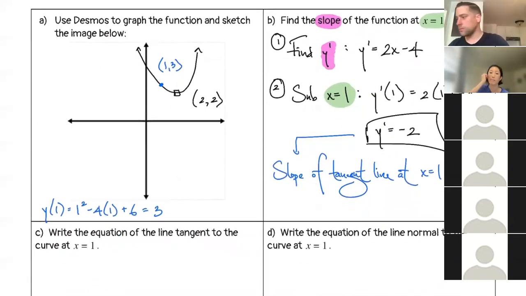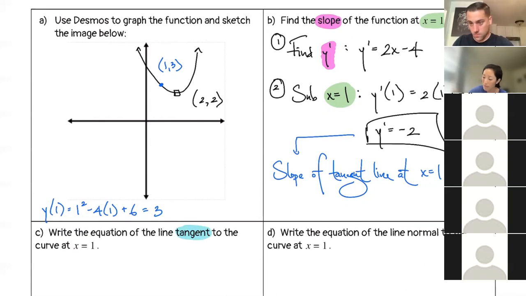Now, if we look at part C and D, okay, part C and D are asking us to write equations of the line tangent and equations of the line normal. Okay, so let's clarify the difference between these two. So a tangent line follows the curve and touches the curve in that one place.